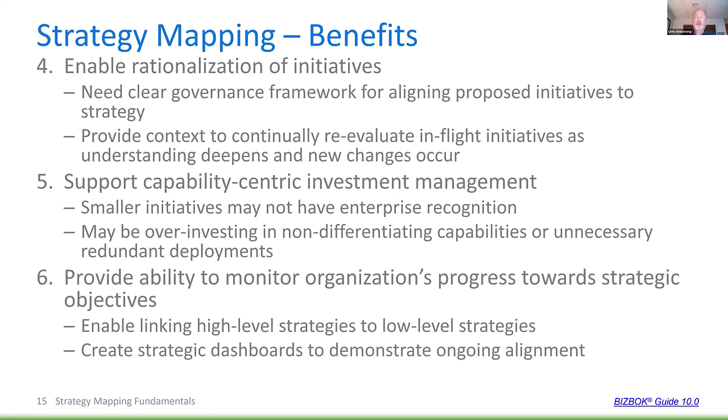But generally speaking, we want to be mindful about over-investing in stuff that everybody does that doesn't offer a real value proposition to our shareholders, our customers, and so on. And with a strategy map in place, it really helps us monitor how well we're progressing towards our strategic outcomes.